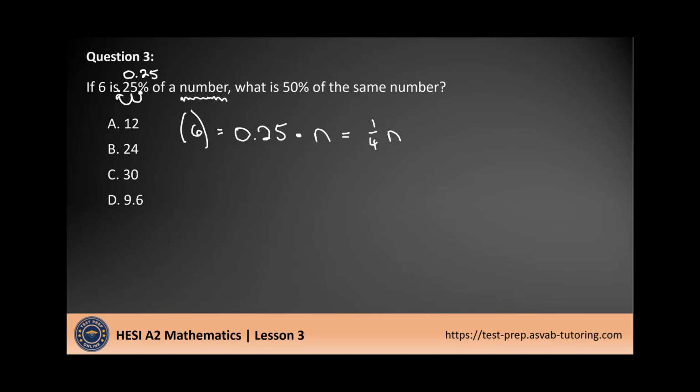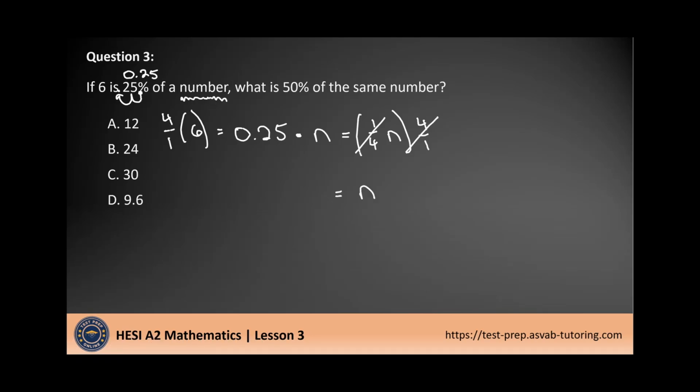Now to get that n all by itself, we need to multiply by the reciprocal of 1/4, which is going to be 4/1. We need to do that to both sides of our equation. These will cancel out because 1/4 times 4/1 equals n.